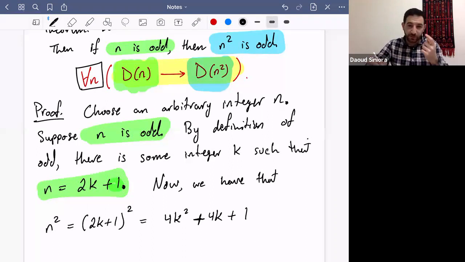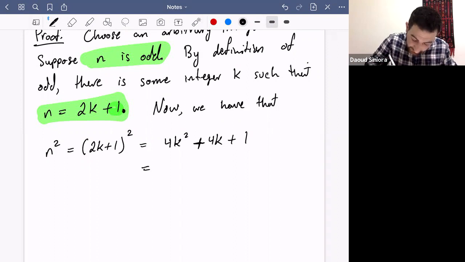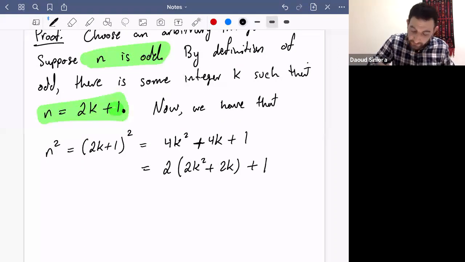Of course, to do this square, we used the distributivity property of multiplication and the associativity. We used many axioms about the multiplication and addition, but we skipped these in our mathematical proofs. Okay, now we can take 2 as a common factor of the first two terms. So I can take 2 and write here 2k squared plus 2k all plus 1.